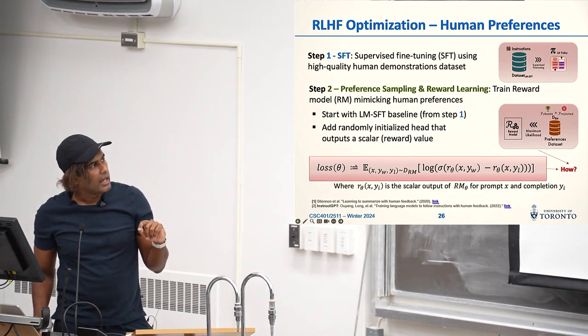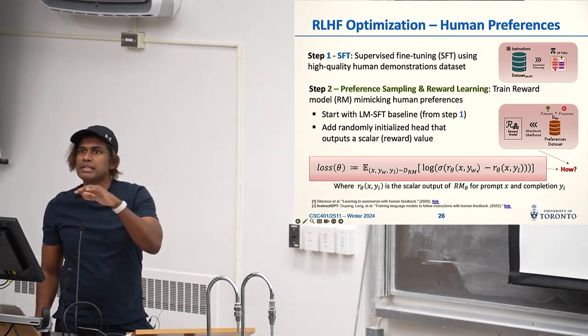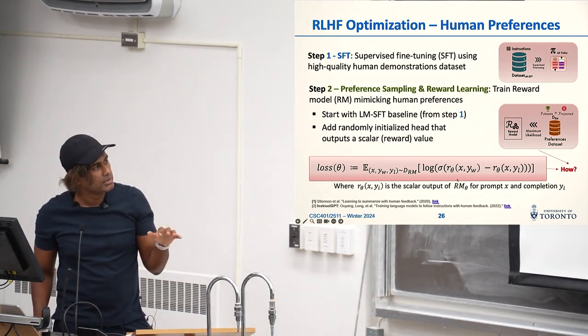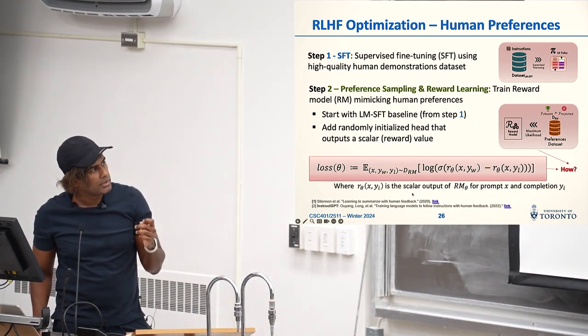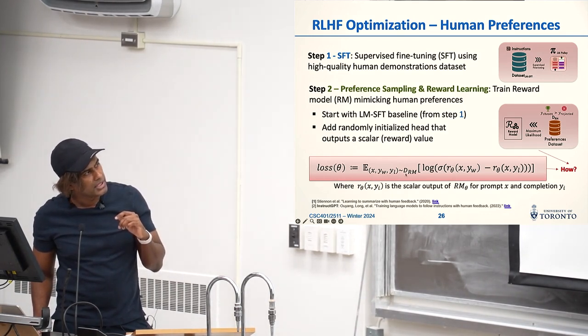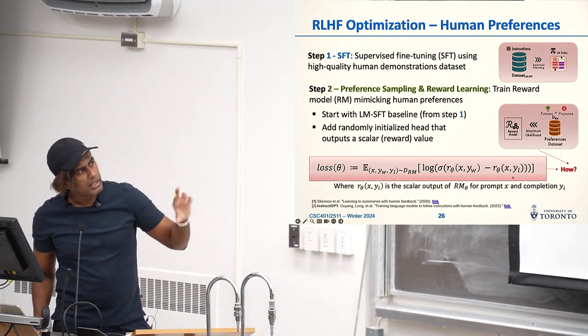If everyone's clear on how we get this loss function, then we can skip the next few slides, but otherwise let's dig down a little bit deeper. Here we're basically trying to maximize the expectation, where R theta is our reward model parameterized by theta, and X is our prompt, YW is the winner, YL is the loser, okay?